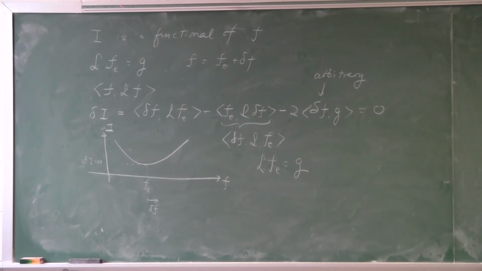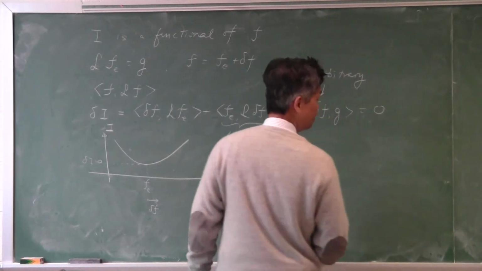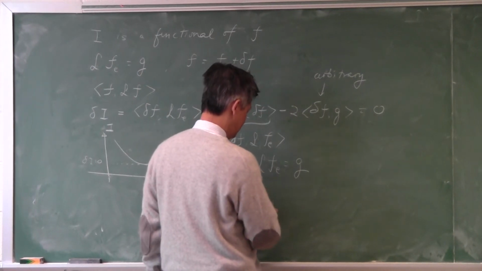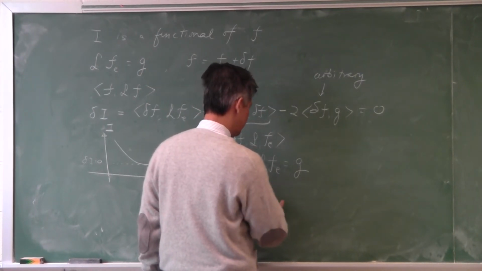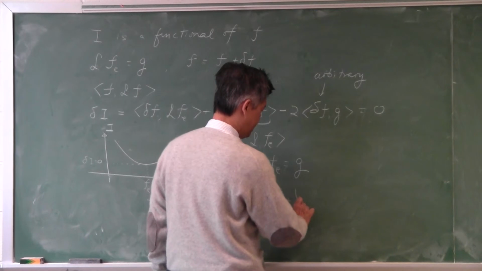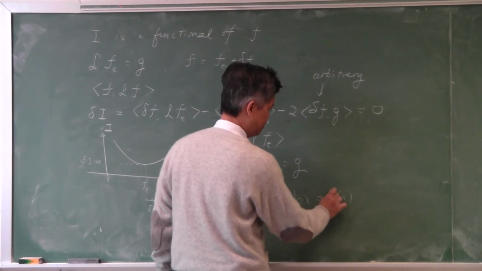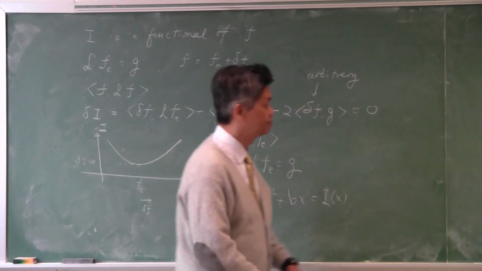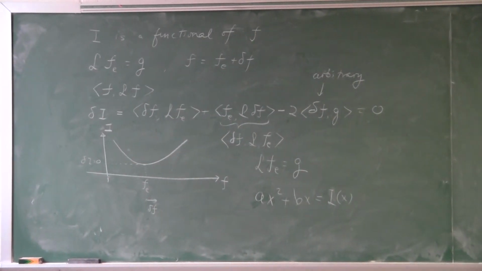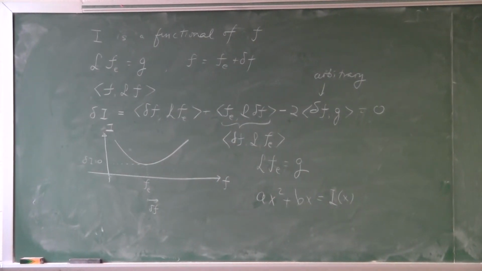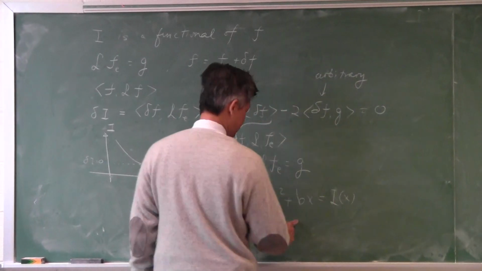So this expression is very similar to ax squared plus bx is equal to f of x, not f of x, it's I of x. Okay. So this expression here is very similar. If f is not a function but a variable instead, then it will become an equation something like this.